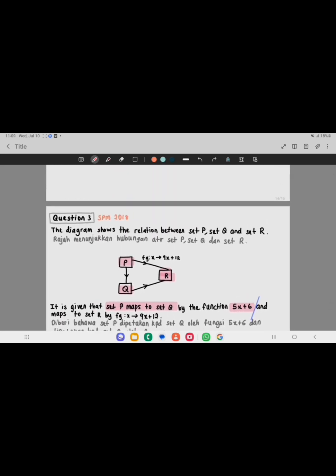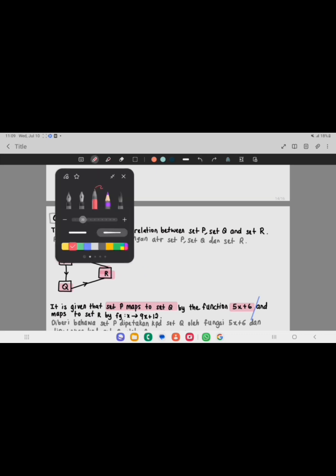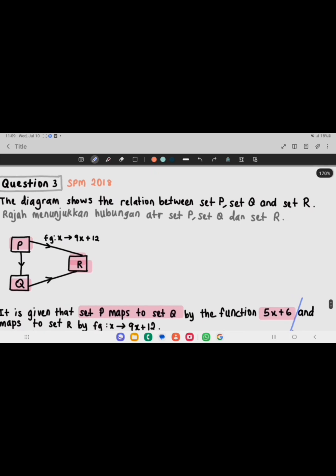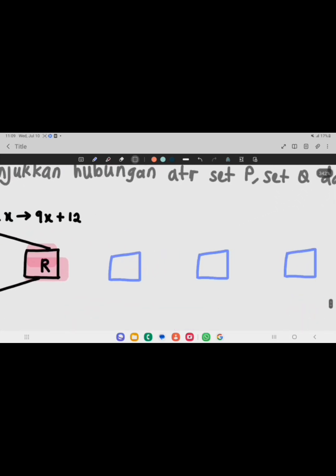So you might get confused. If you get confused, you must try to change the diagram into the oval shape so that you can understand it easily. But if you can understand this, no need to change into the oval shape, it's a waste of time. But if you guys don't understand, then let me just do it.